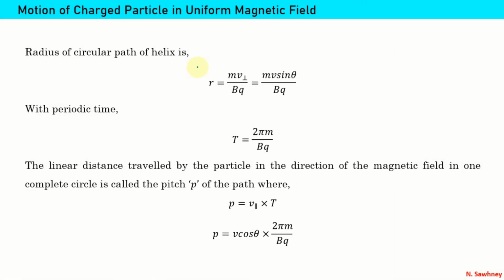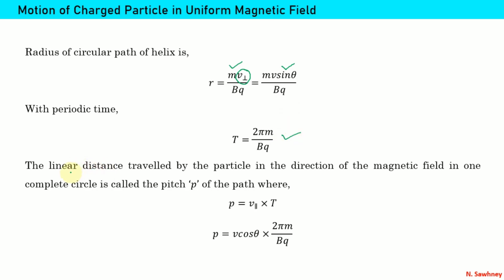The radius of this circular path of helix is given by r = mv/Bq, where velocity will be the perpendicular component due to which the circular path is maintained, that is mv sin theta/Bq, and the time period is 2πm/Bq as we have earlier done.